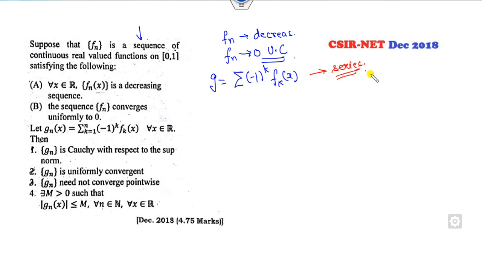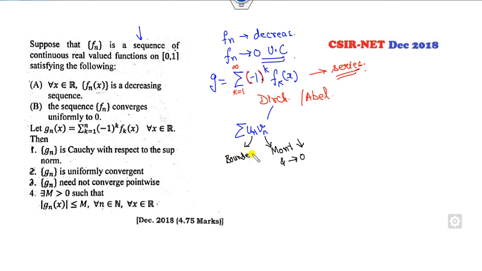Fine. So which term comes to your mind when you take the product of two series? You can apply either the Dirichlet test or the Abel test. What is the Dirichlet test? If you take the product of the two functions un and vn, and you prove this part is monotonically decreasing and goes to 0, and this part is bounded, then by the Dirichlet test this h is uniformly convergent.